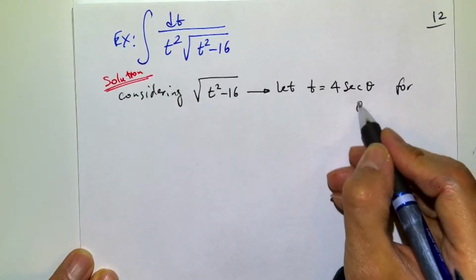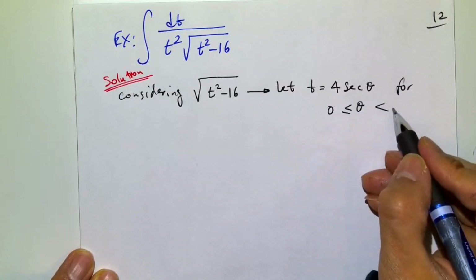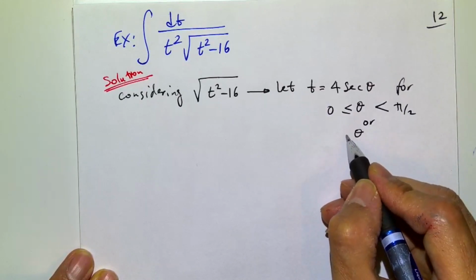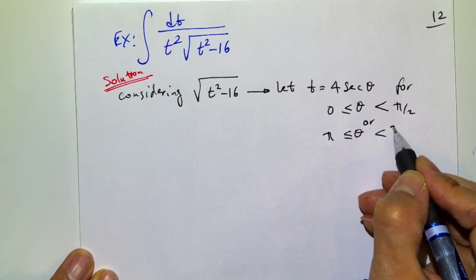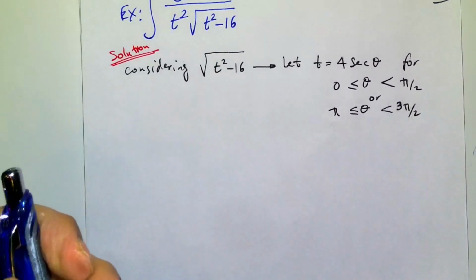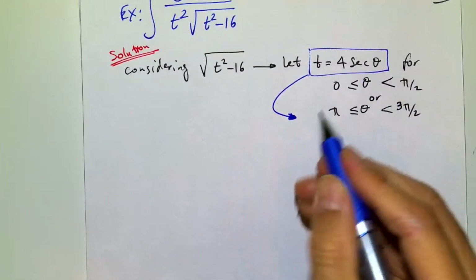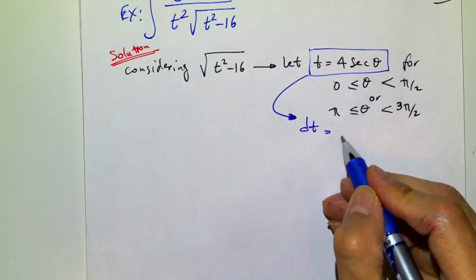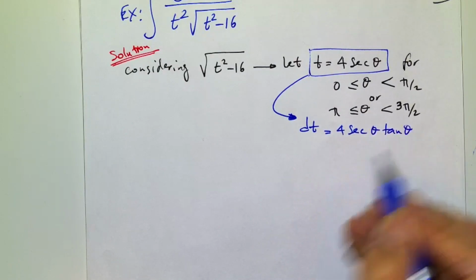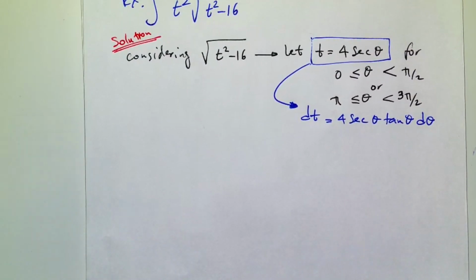Of course, theta has to be within a certain limit so that we have this function as a one-to-one function. If we have that, then of course dt will be 4 secant theta tangent theta d theta. That's the derivative of both sides.